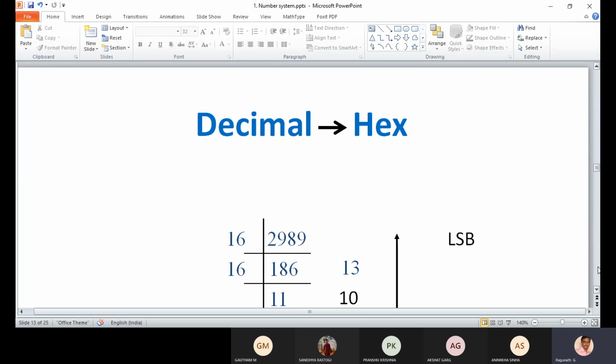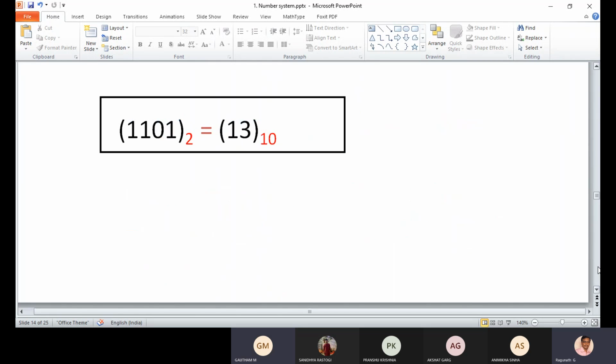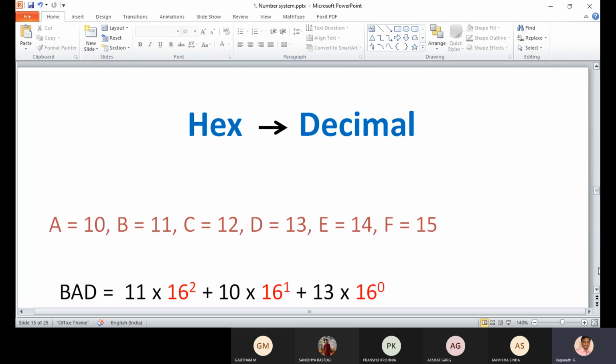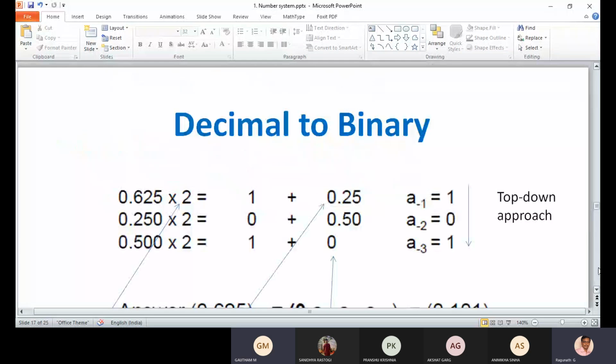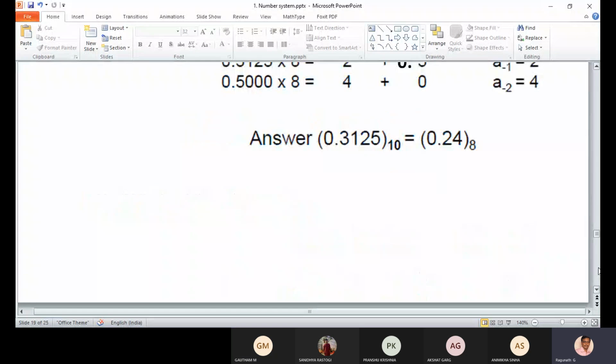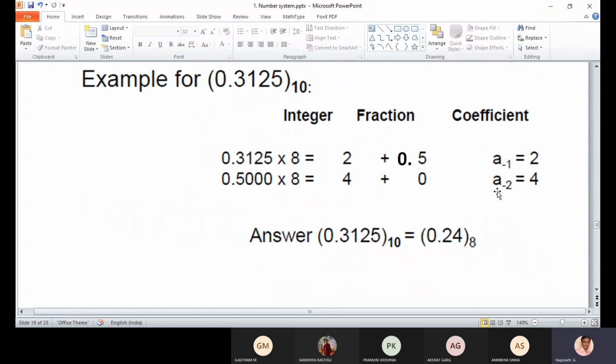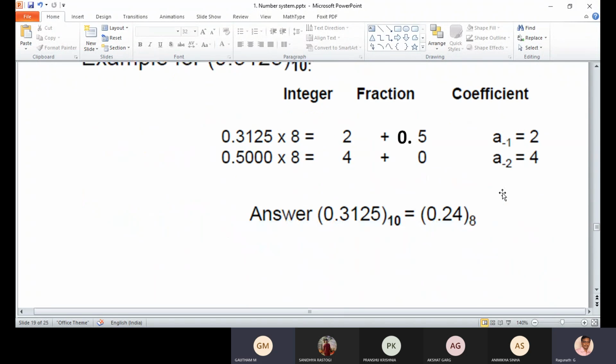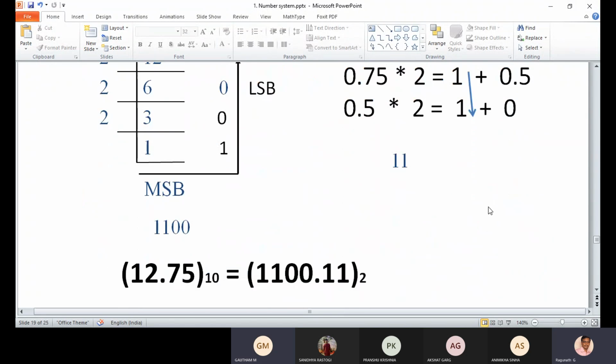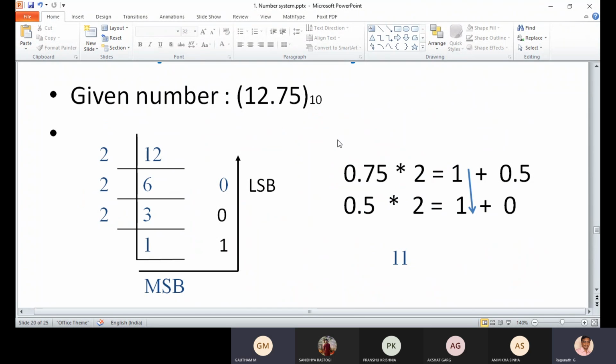I'll take one fractional number. Is it visible to you?